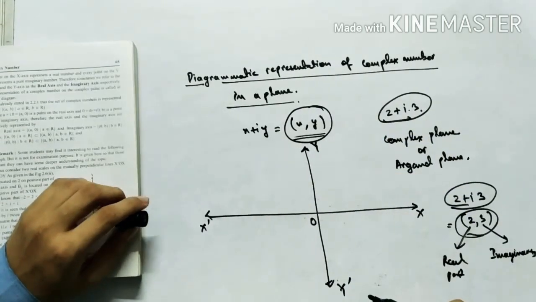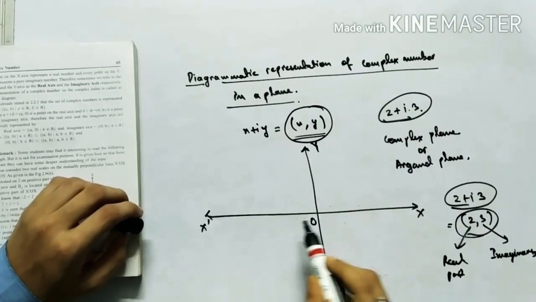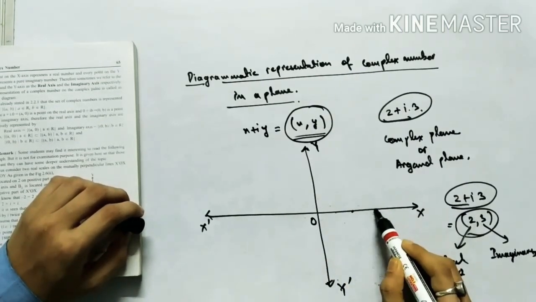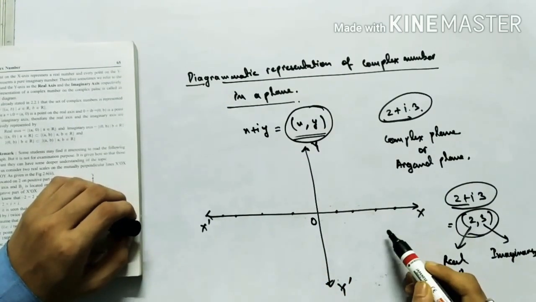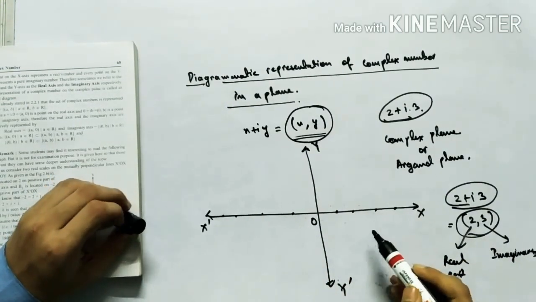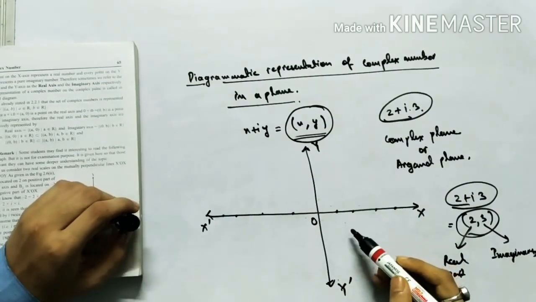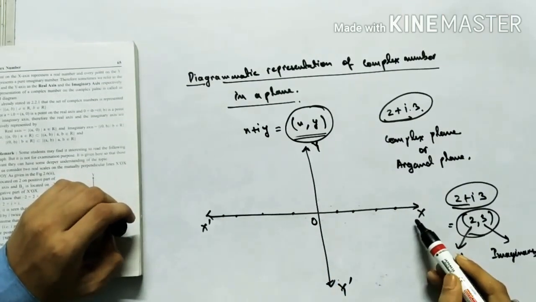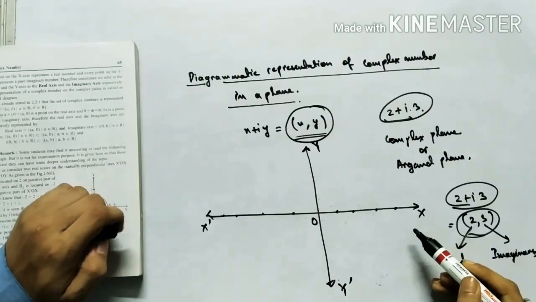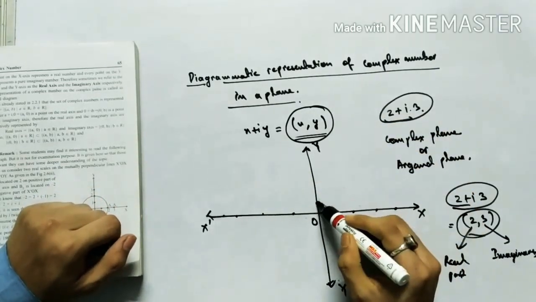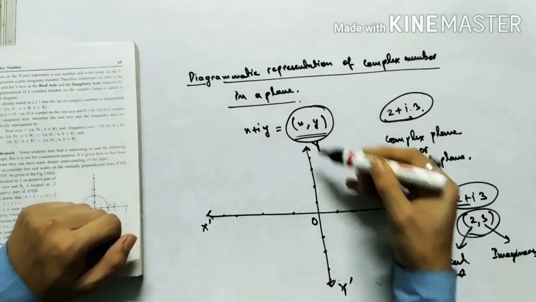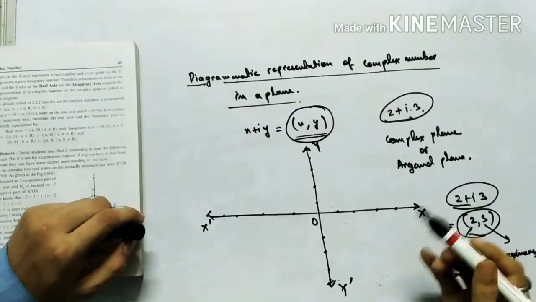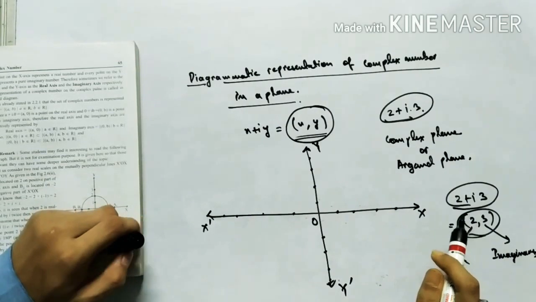So the points on this real axis are the real part of the complex number, and the points on this y-axis are the imaginary part of a complex number.